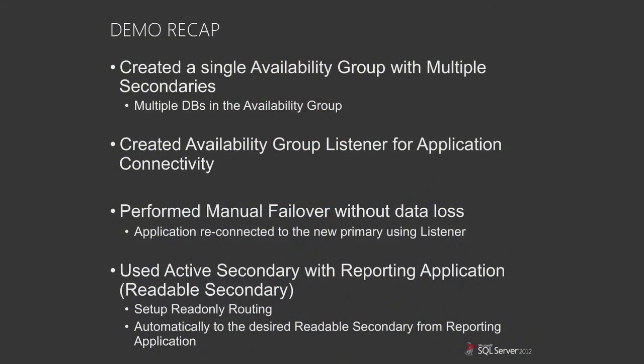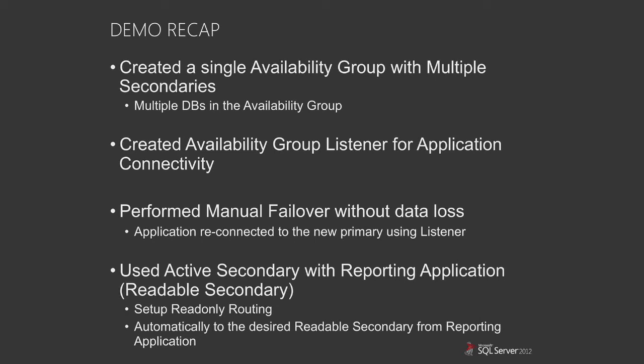All right. So let's do a recap of the demo. I created a single availability group with multiple databases, and had multiple secondaries. So I had my local HA, my regional HA, both of these synchronous, and my DR site, which is asynchronous, in the single availability group. I performed a manual failover without data loss.